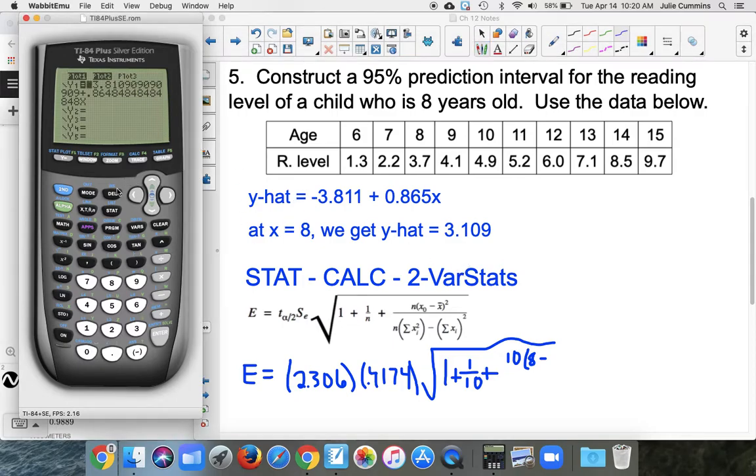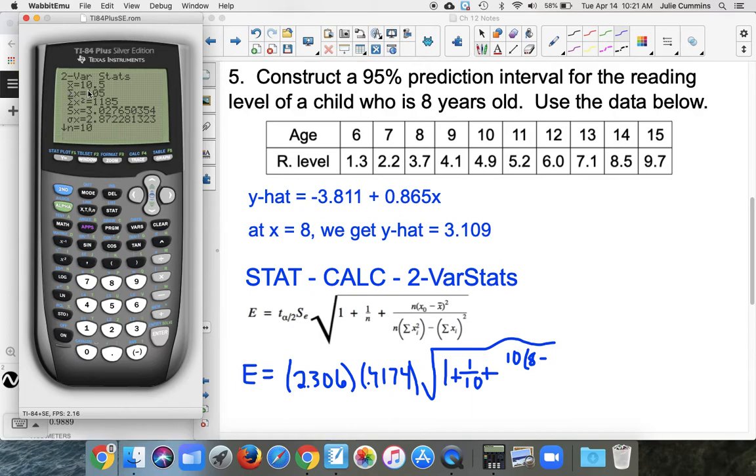So go back to stat, calculate, and we want to calculate 2 variable stats. Now, your menu might look a little different than mine because you have a newer calculator, but all of our original data is L1 and L2. So that's what we want to calculate our stats on. And it's going to do that for us, and it's got a bunch of pieces in here that we need.